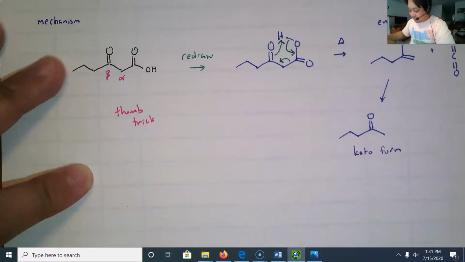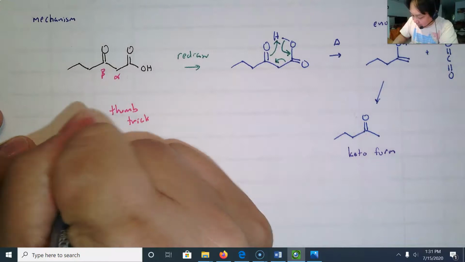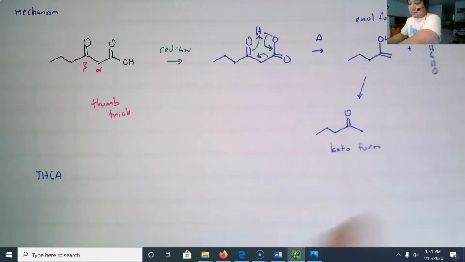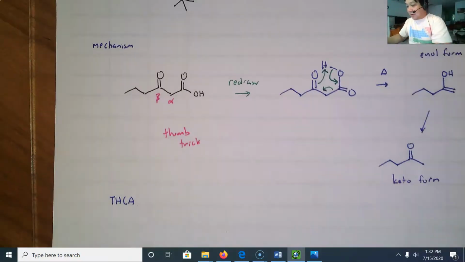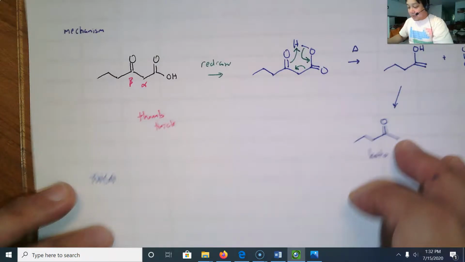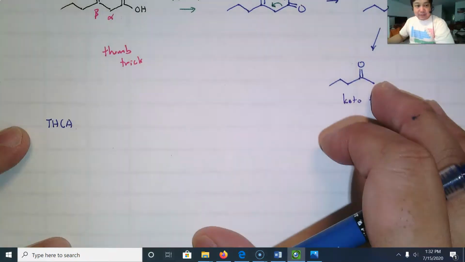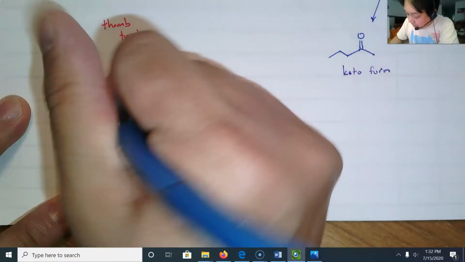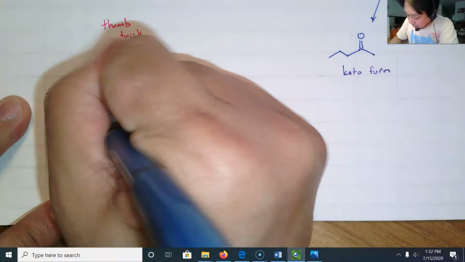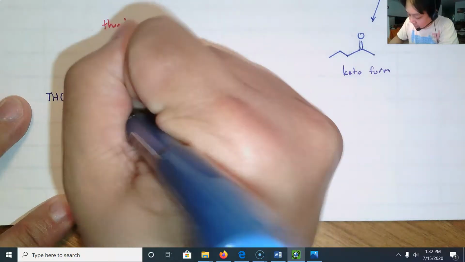I'll do it here actually. THCA. I'm not going to draw the whole molecule. I'm just going to draw the part that undergoes the decarboxylation. THCA, the main part of the molecule looks like this. The part that decarboxylates.